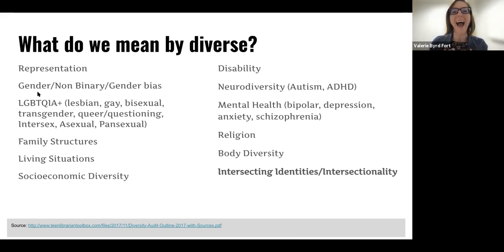So maybe you have books that represent all genders, right? Male, female, non-binary, trans, you've got these books in your libraries. But what are the stories that they are telling? Make sure that they are not stereotypes. I think that's what I mean by gender bias.